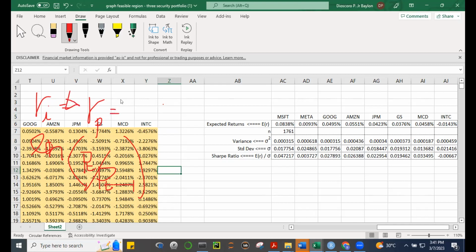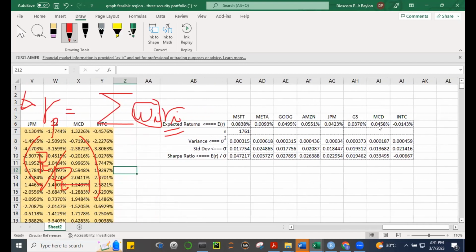And the formula to get the return of the portfolio is to sum up all your individual returns of your assets multiplied by the weight of your asset. You have here eight stocks, right?